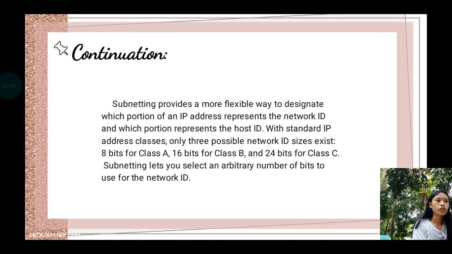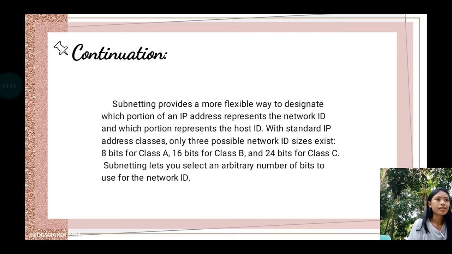Although many networks with more than 254 devices exist, few exist with 64,000, let alone 16 million. So unfortunately, any network with more than 254 devices would need a Class B allocation and probably waste tens of thousands of IP addresses.